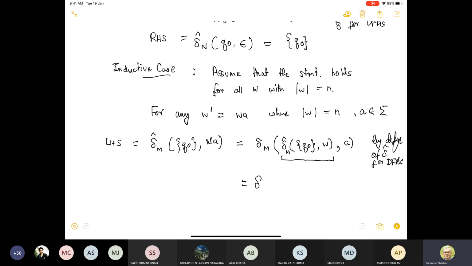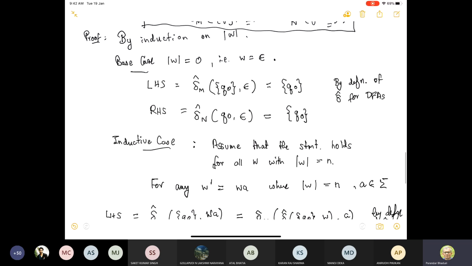So we can write delta M, delta hat N. What is the result we are proving?